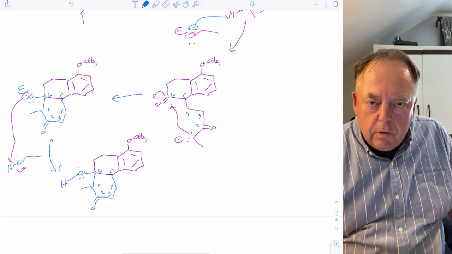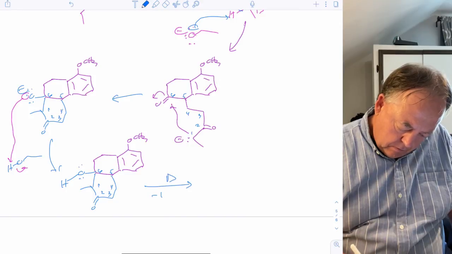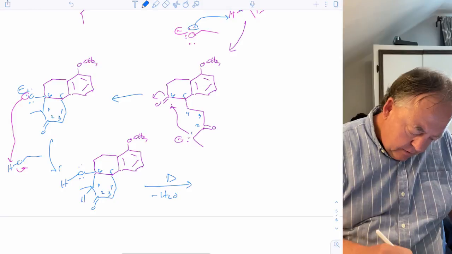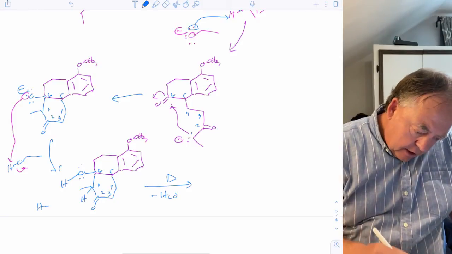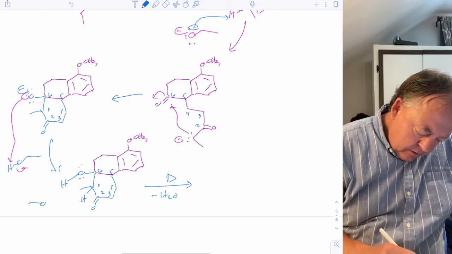And then lastly, we want to do the dehydration step. So there's a hydrogen here, right? That hydroxide, or the conjugate base of ethanol. I think that's the base we were using.